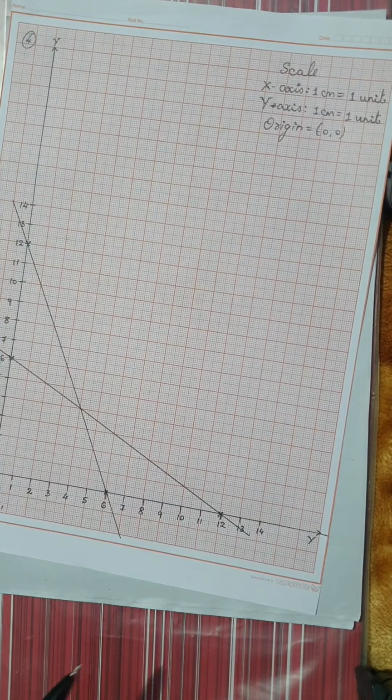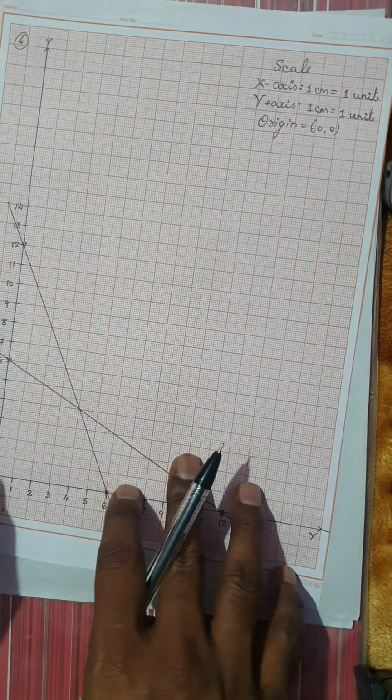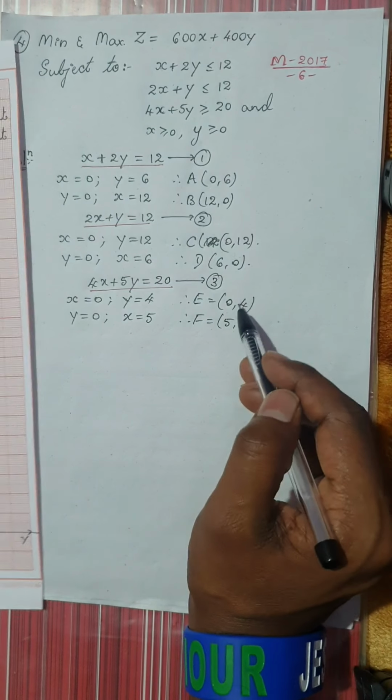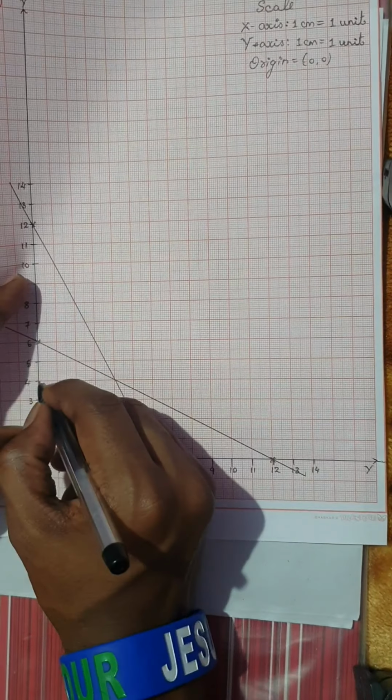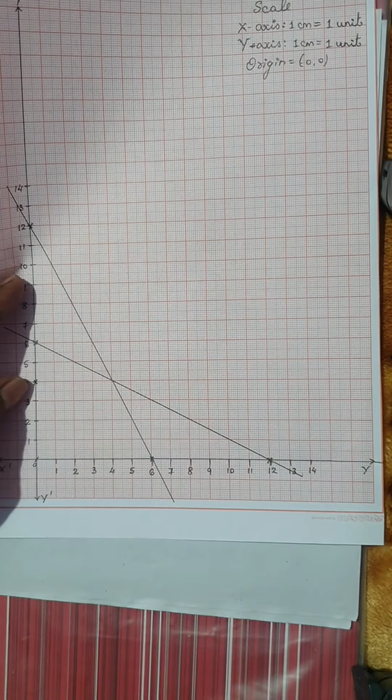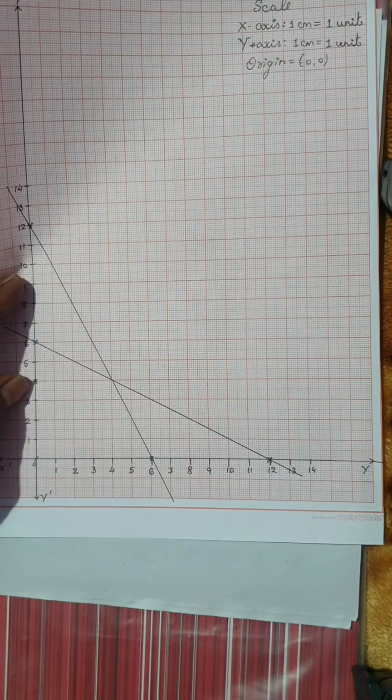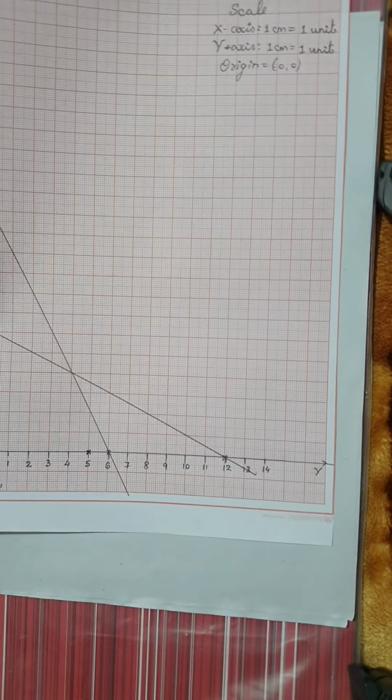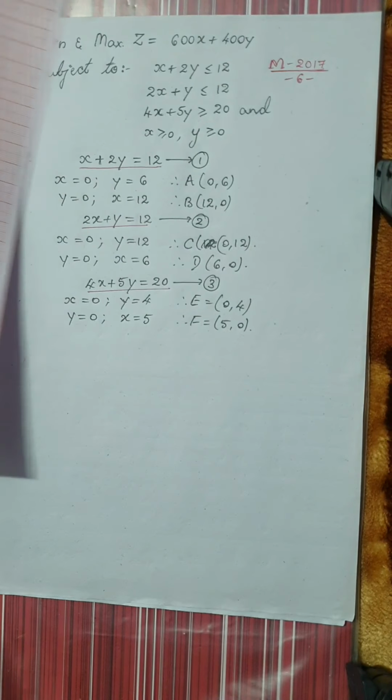Now two lines are ready. Let's go on with the third one. The third one is E, which is 0 comma 4, and the point 5 comma 0. Let us join this also.